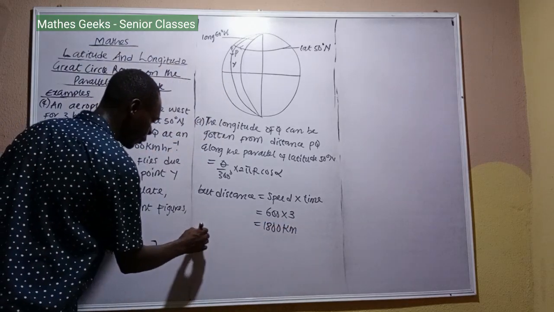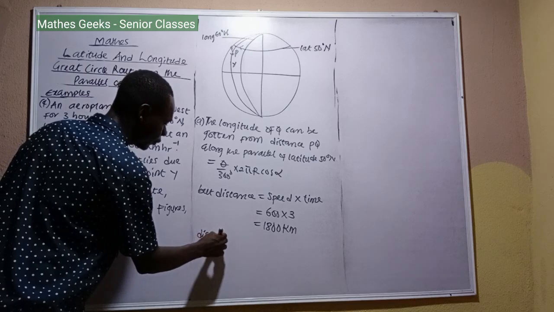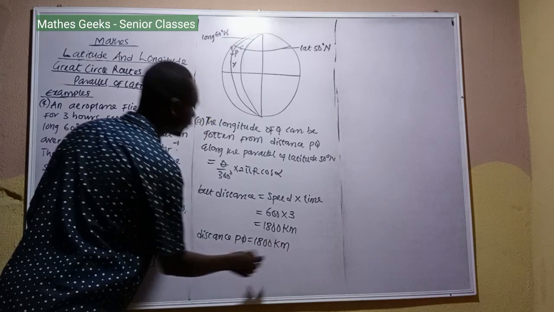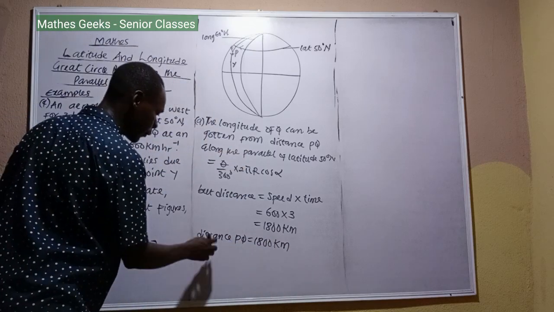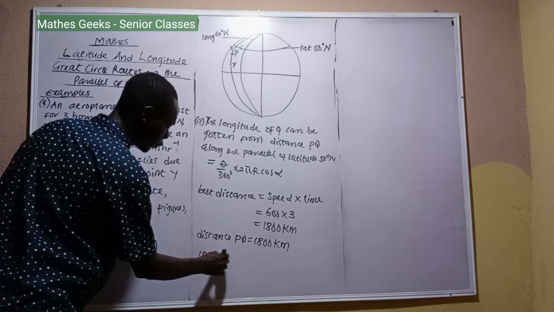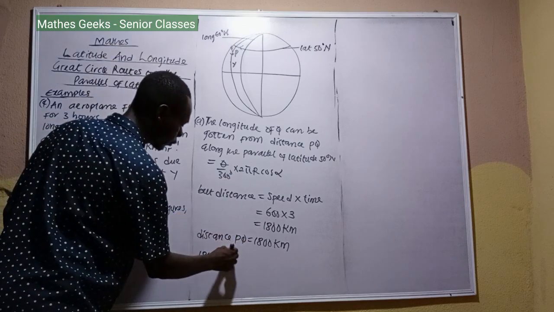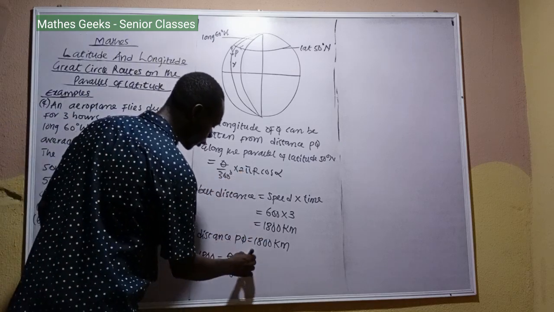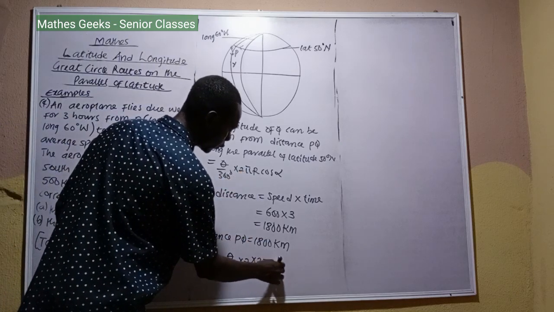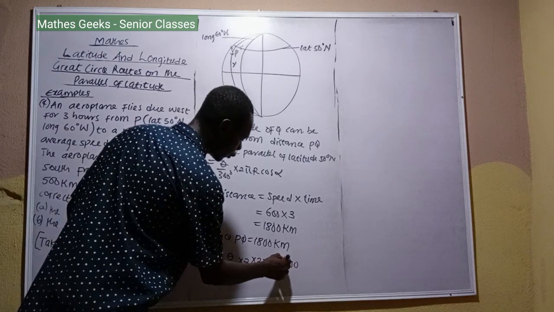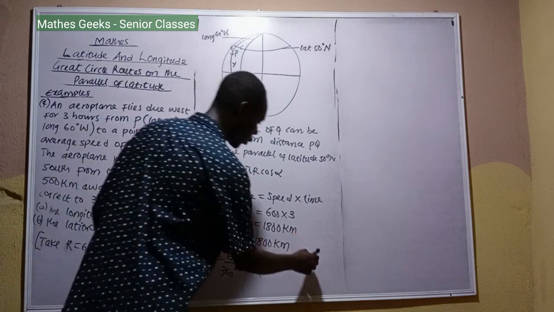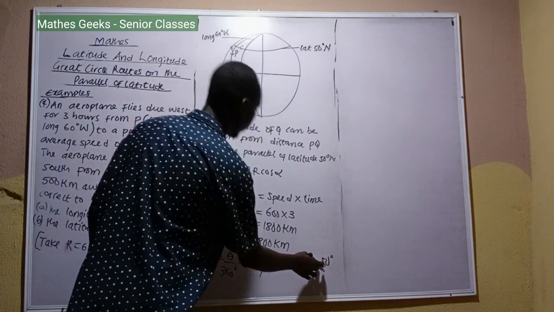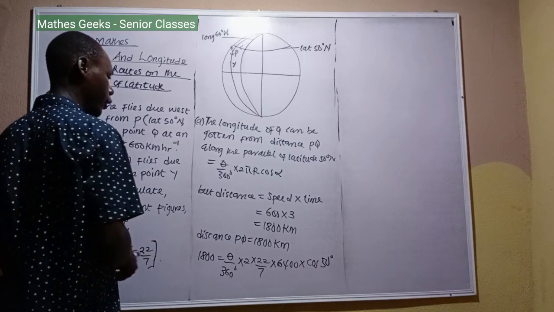So distance PQ is 1,800 kilometers. Let's get the value of theta. So 1,800 is equal to theta over 360 degrees times 2 pi times 22 over 7 times 6,400 times cos 50 degrees, which is the parallel of latitude on which P and Q are lying.